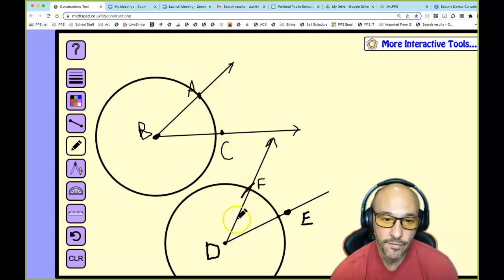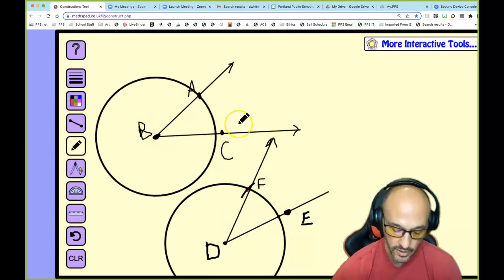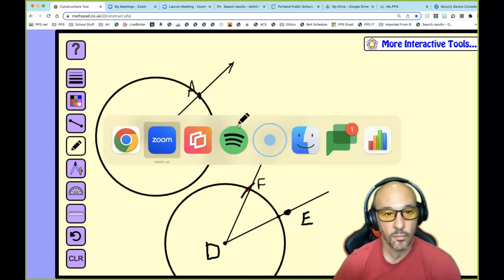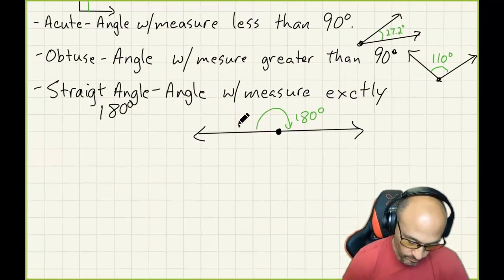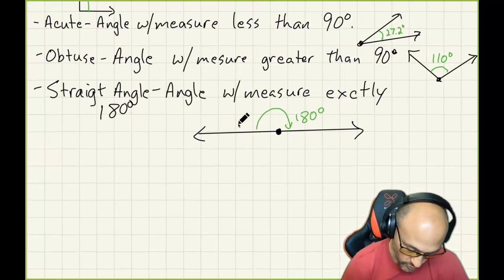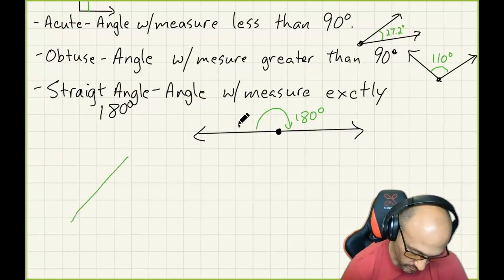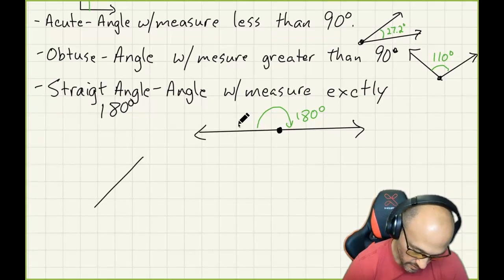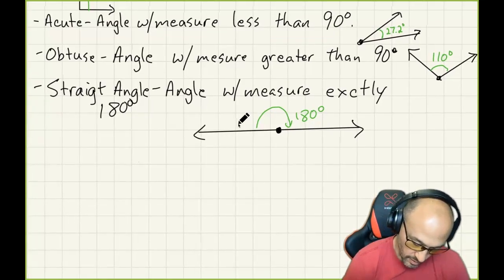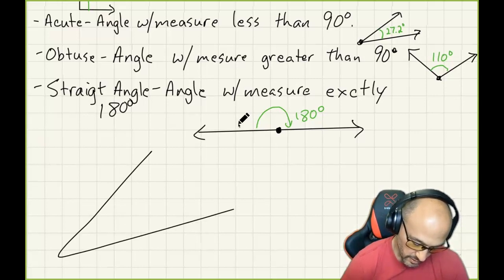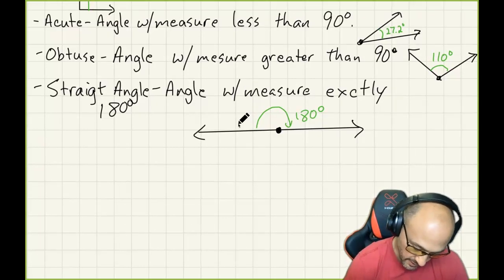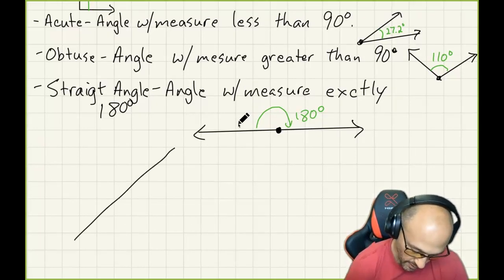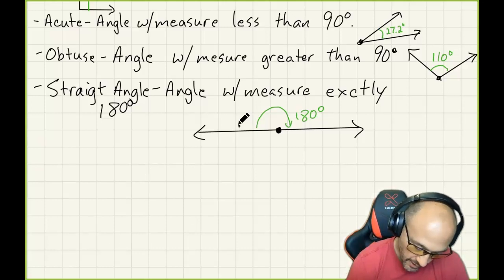So angle FDE is congruent to angle ABC. And so I can mark that. Let's say I have two angles. I'm going to be a little bit more careful here. I'm trying to make a straight line here. There we go.